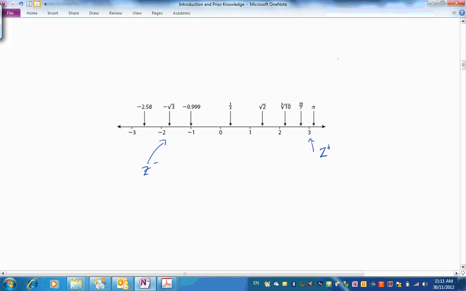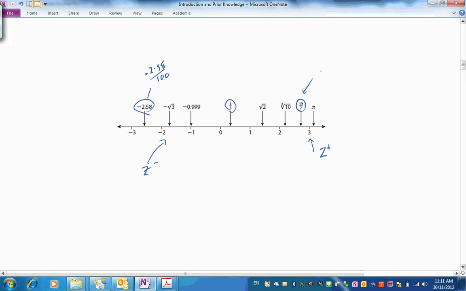Let's have a look at the next possible set that we might be interested in, and that is the rational numbers, these here that are ratios of integers. That one, a third, can be written as a ratio of integers. Do you remember it would be neg 2.58 over 100. So these I've got circled here are called rational numbers.